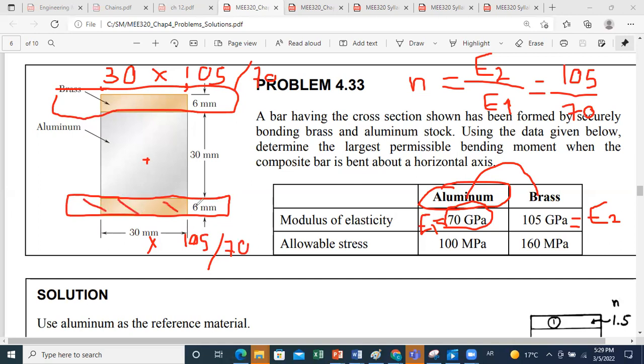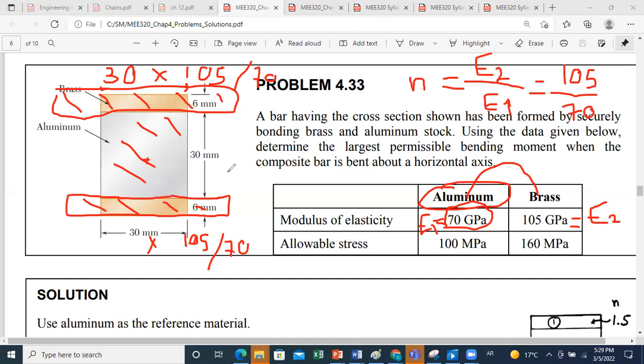Okay, so now I will say that the neutral axis of my compound beam is at the same level as the neutral axis of my I-beam made of aluminum only. Once I do this step, I will use exactly the same methodology we used in previous problems. First, I should find the neutral axis.